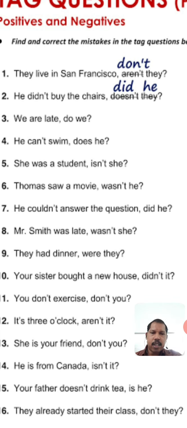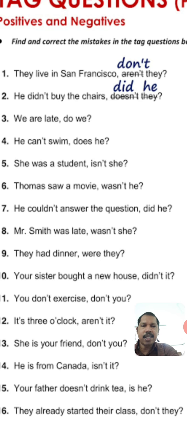She was a student. Was negative, wasn't. Here isn't is given. You have to cancel isn't and write wasn't. And she is the subject. Wasn't she? Thomas saw a movie. Saw is different from was. So saw is the main verb and it is written in past tense.